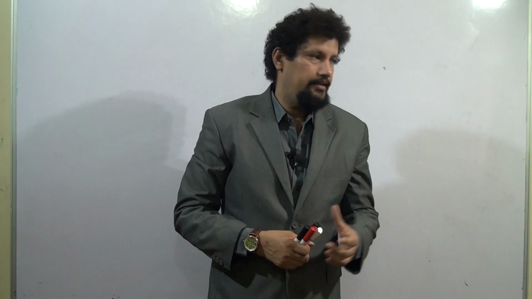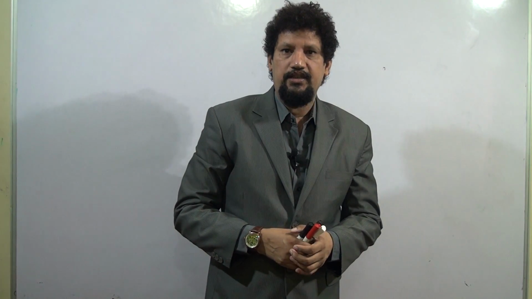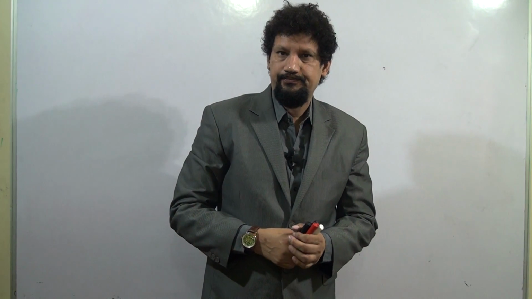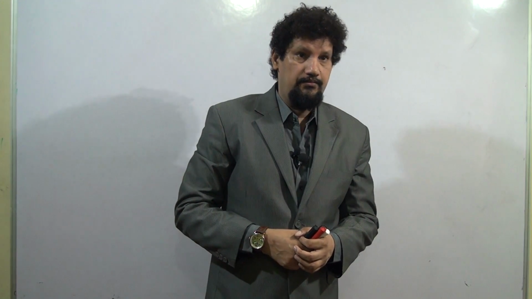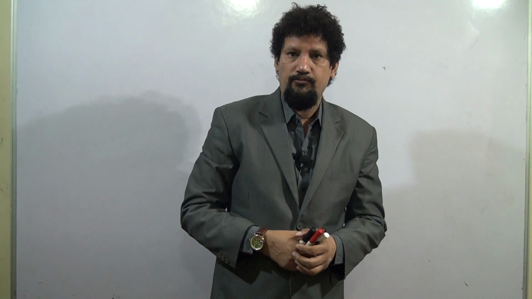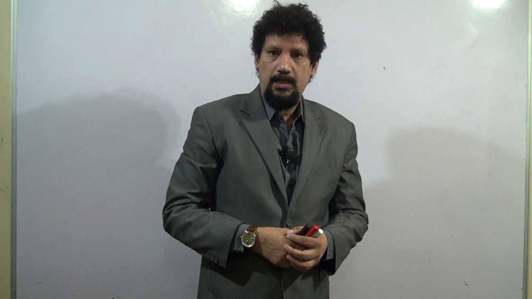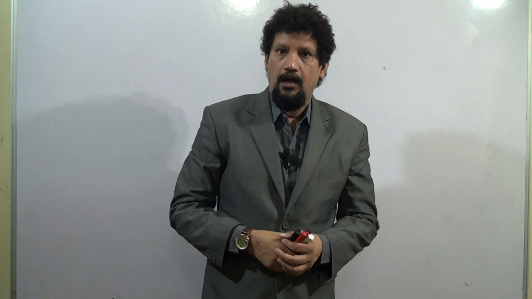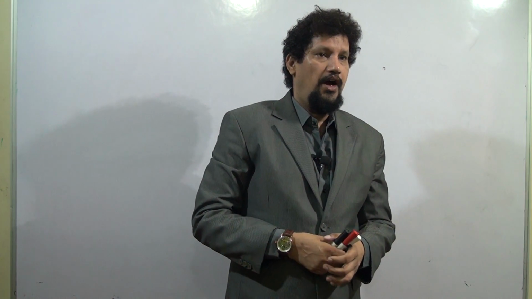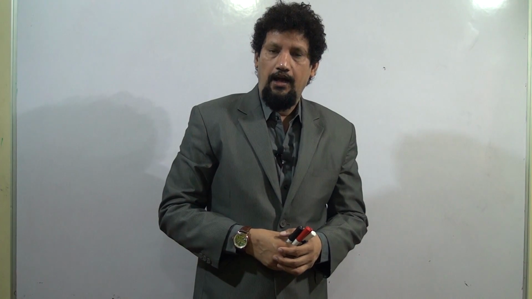In my last lecture, I was talking about the cardiovascular system. The cardiovascular system is built up of three components. One is the blood, second is the heart, and third is the tubular system, made up of arteries, veins, capillaries.